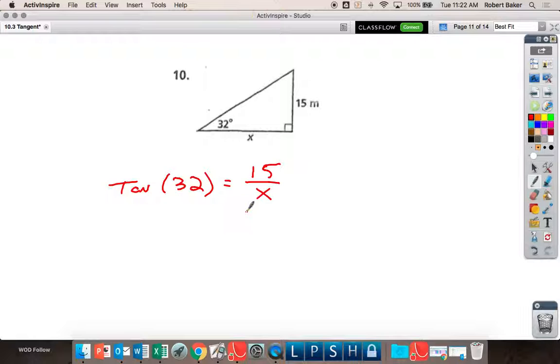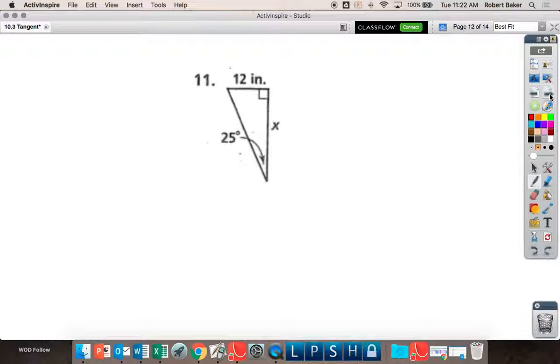Is that the last one, or do we have 2 more? One. Is this a hard one? Go ahead, Lupe. Tangent of 25 degrees. Close. 12 over x. Opposite over adjacent.